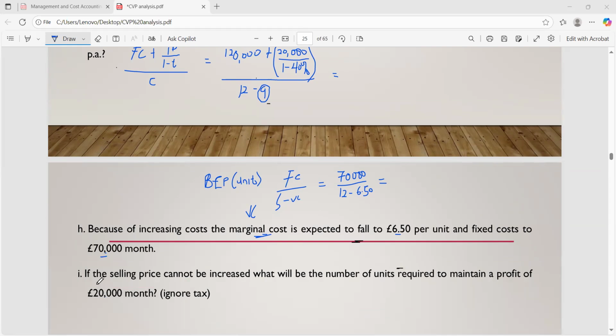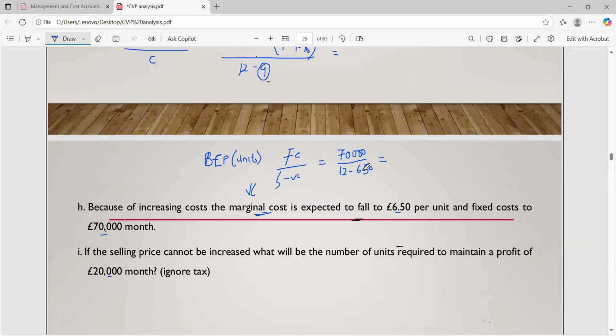Now, how about I? It says if the selling price cannot be increased, what will be the number of units required to maintain a profit of 20,000? So this remains. They have introduced a targeted profit.